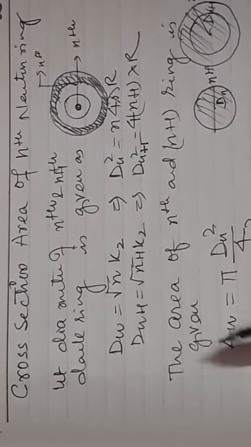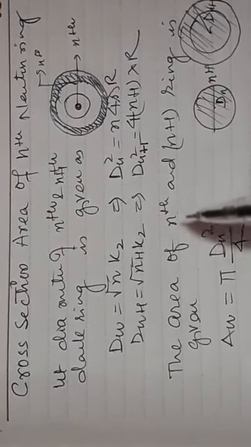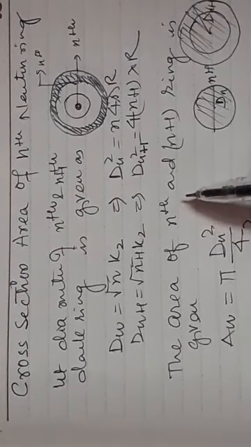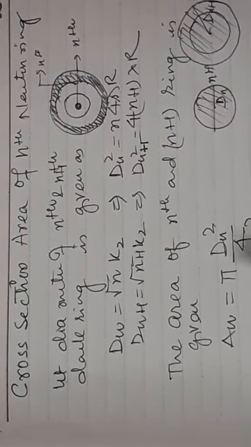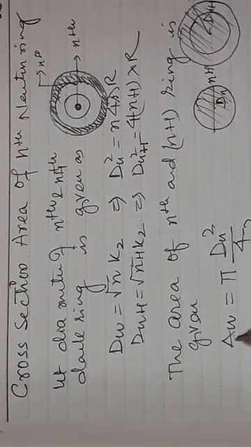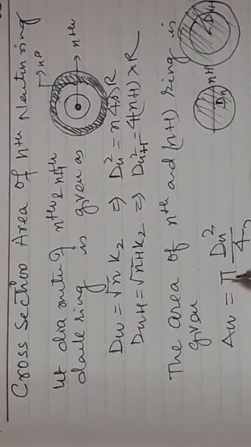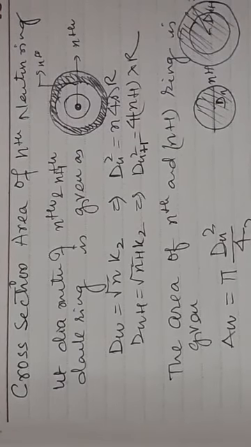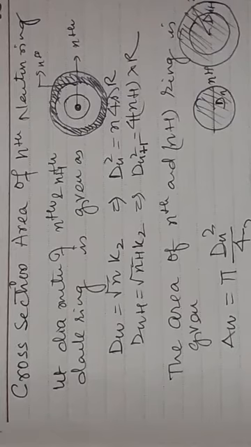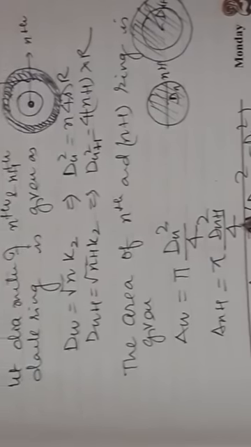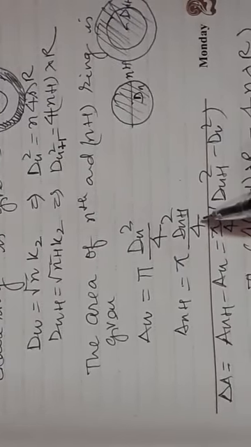To see the area of the nth and n plus 1th ring, An is equal to pi Dn square upon 4, and An plus 1 equals pi Dn plus 1 square by 4.